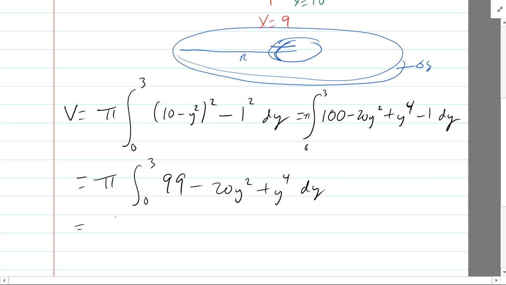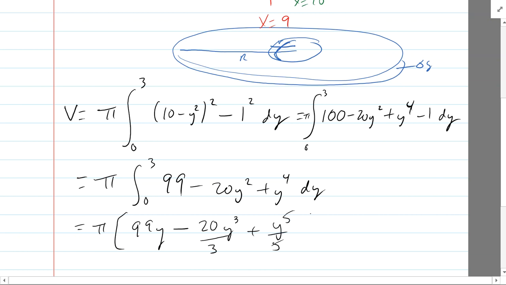Antiderivative of 99 is what? 99y minus antiderivative of 20y squared. 20y cubed over 3. Antiderivative of y to the 4th. Y to the 5th over 5.